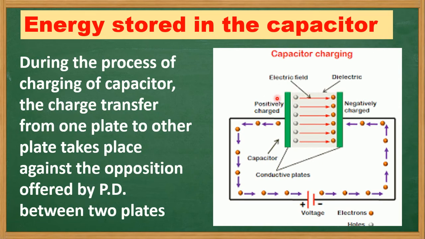So for a transfer of a charge from one plate to another plate, by convention, how we denote it, that charge is transferring from one plate to another plate in this direction. This whole middle place is filled with a dielectric material and the electric field is established due to the charge transfer.